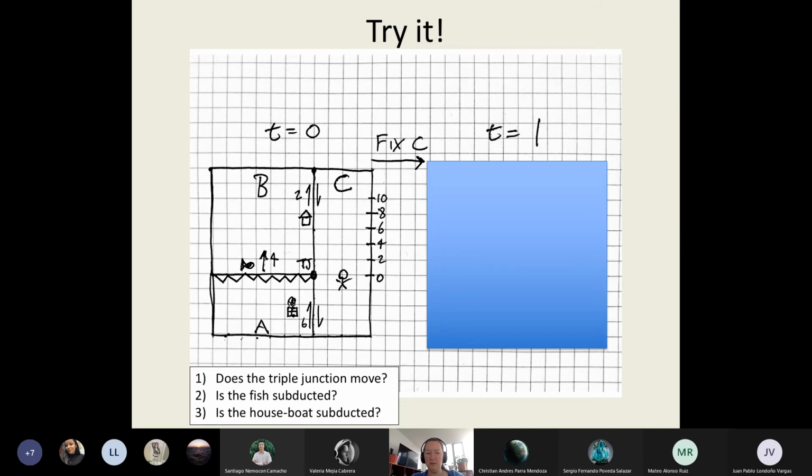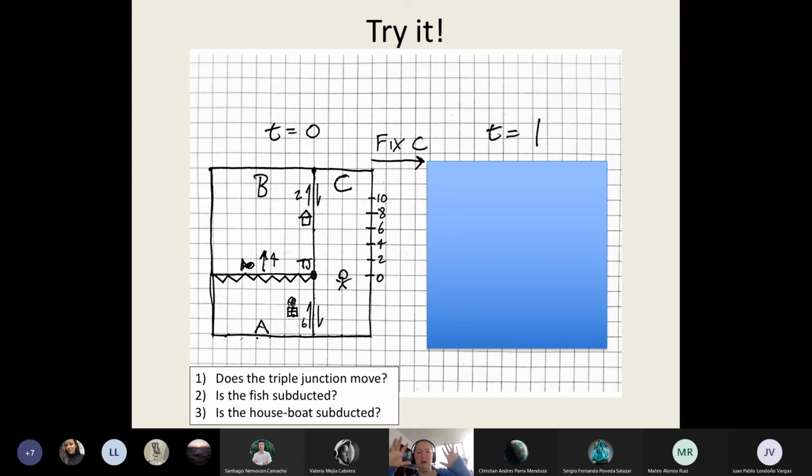Triple junction stability, first of all, means that I can plot my triple junction in velocity space. If it has a spot in my velocity space and not, for example, more than one spot or no spot, it means it's stable. It has a velocity, it's moving with respect to these plates, and it's still a triple junction. So how do I know if that's true?